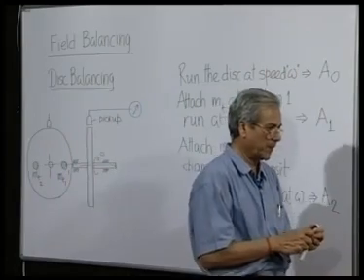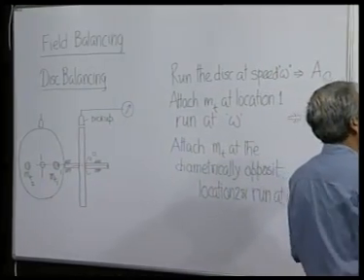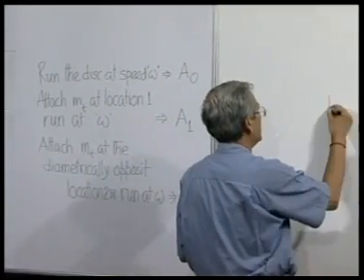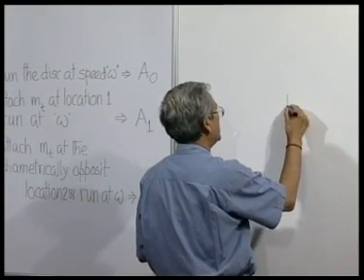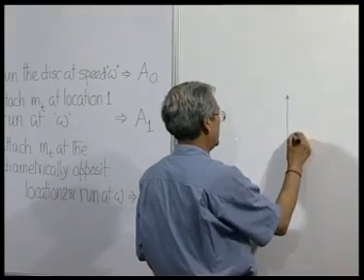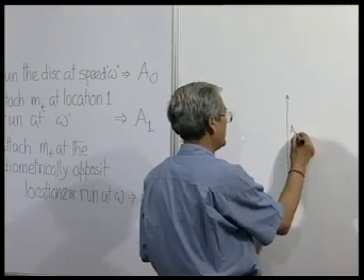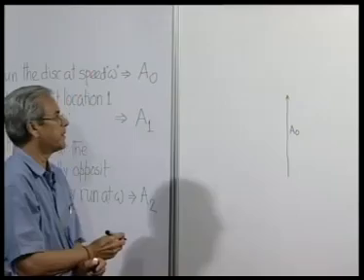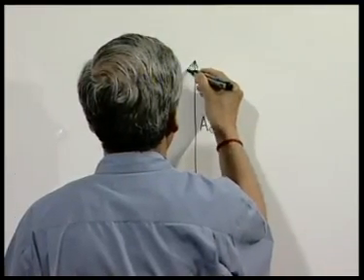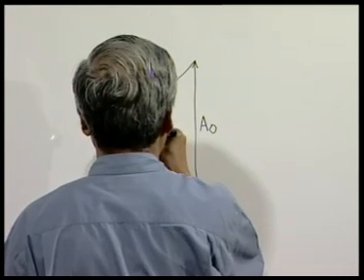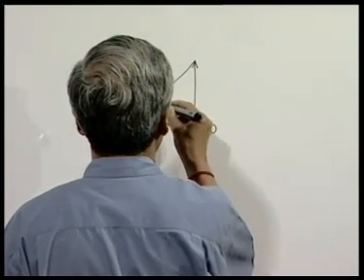Let us see. So, if the vibration due to the original unbalance is say A0, and say the effect of mt in location 1 is this.